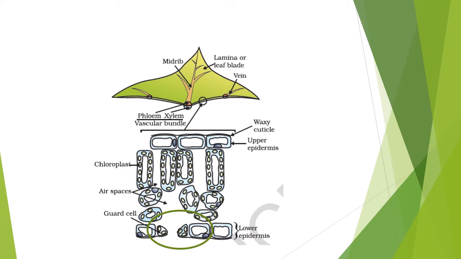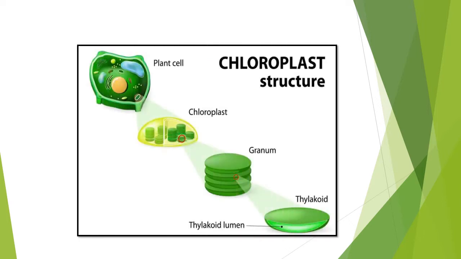After that, we are getting the chloroplast also, the base of photosynthesis. This is a plant cell where the chloroplast, a double membrane bound cell organelle, is present, within which the granum is present, and within that the thylakoid, the first part of the photosynthesis.